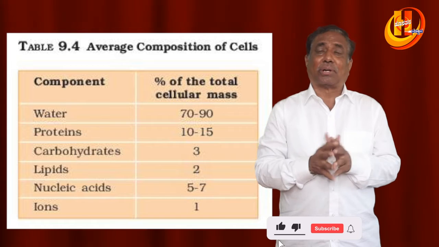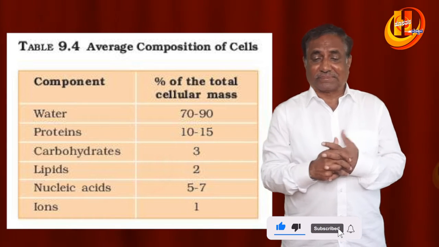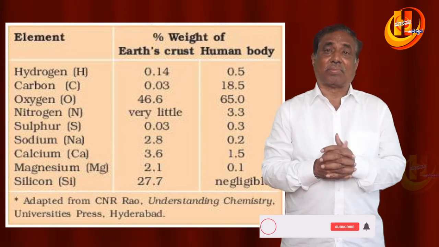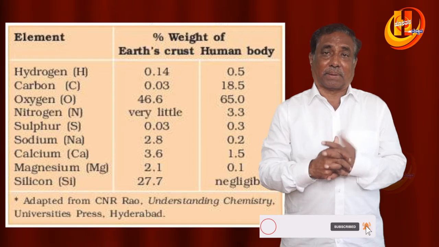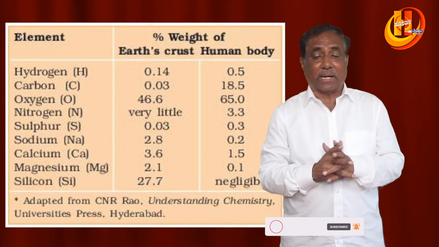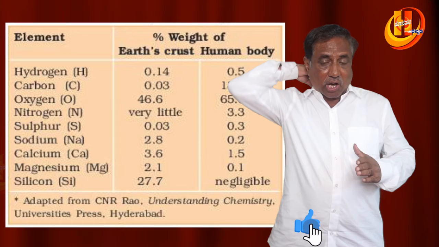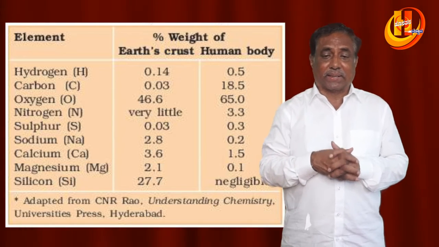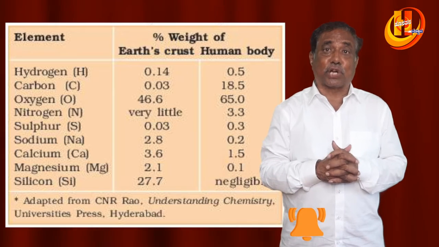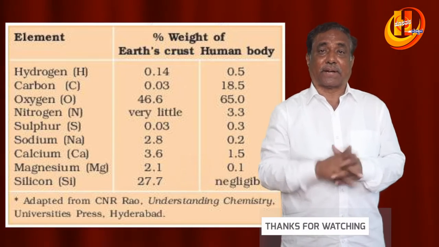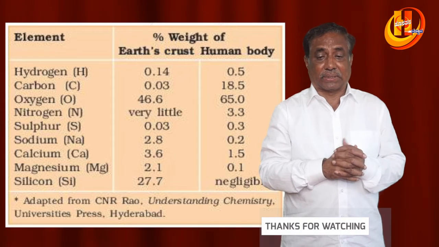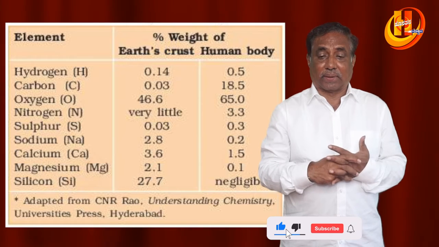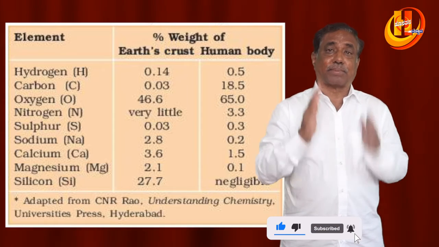So actually the composition in the cell is hydrogen about 0.5, and the percentage of carbon is 18.5, oxygen 65%, nitrogen 3.3%, sulfur 0.3%, sodium 0.2%, 1.5% calcium, and 0.1 is magnesium.